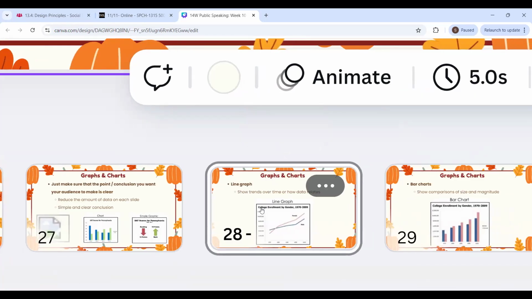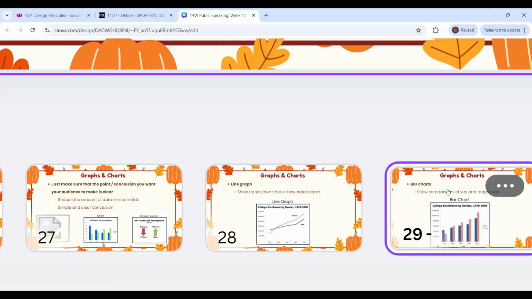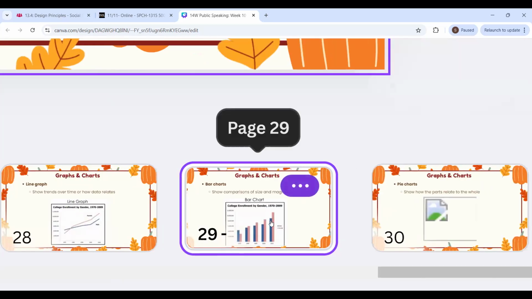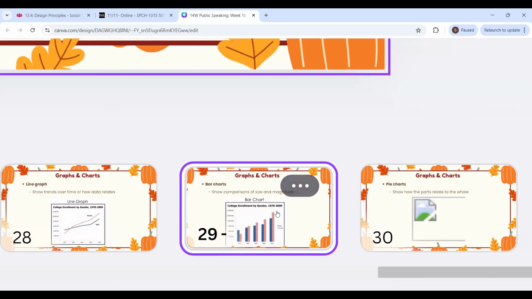So the line graph shows trends over time, right? Over whatever years these are, you see how the data has changed and how they relate to each other, where they overlap, which one's more than the other. So that would be good for a line graph. A bar chart is super good for showing comparisons of size and magnitude.